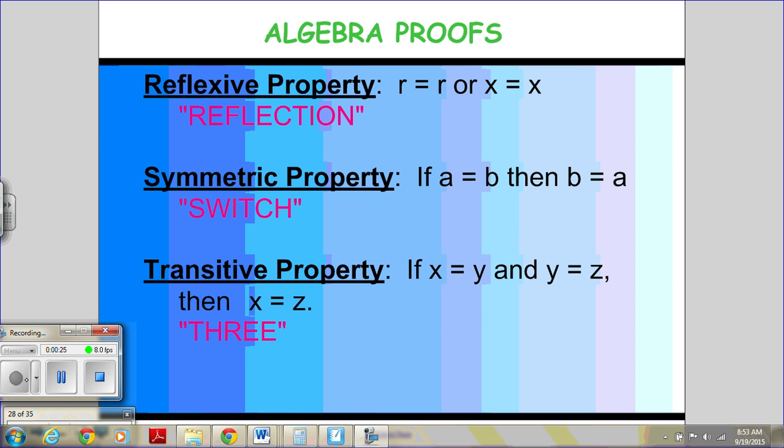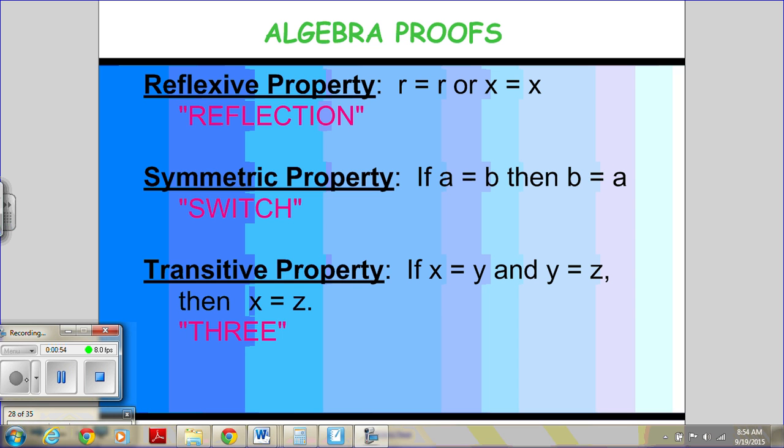So some of the justifications or properties that we can use to justify our work are as follows. The reflexive property, or the reflection property, says that r is equal to r or x is equal to x. So the same thing will occur on both sides. The symmetric property, or the switch property, says if a is equal to b, then you can read it as b is equal to a.